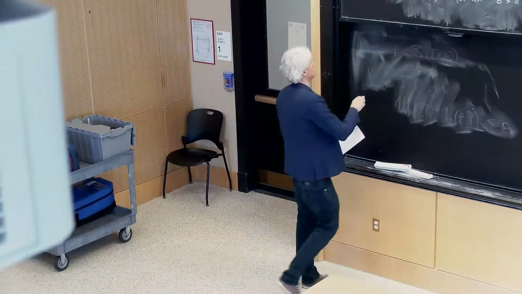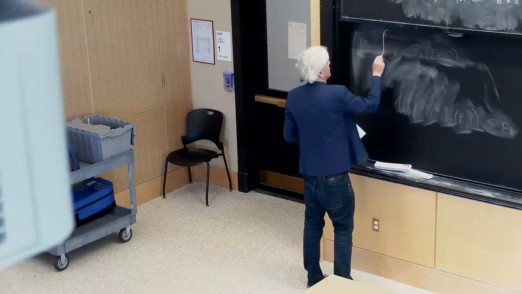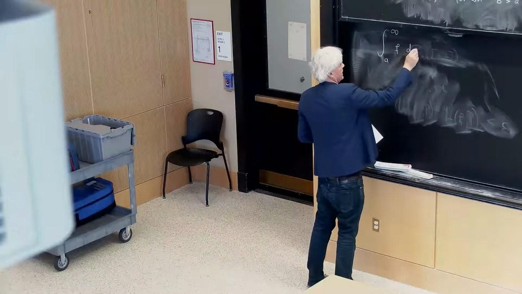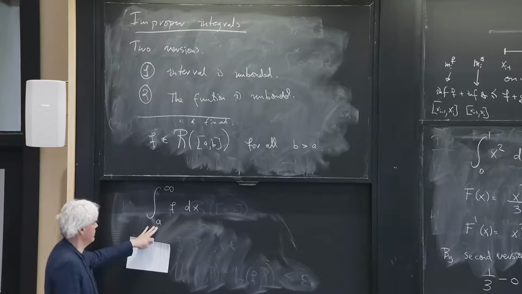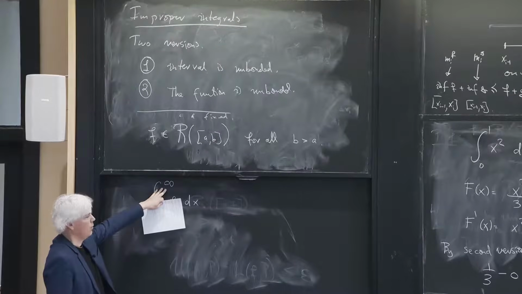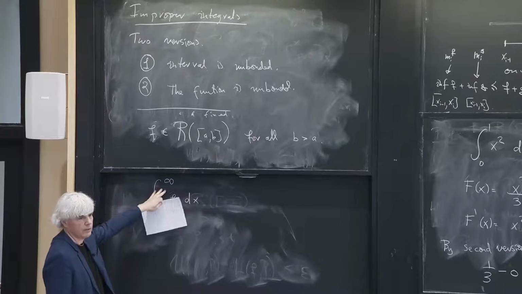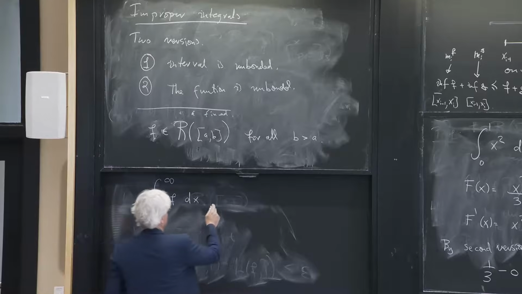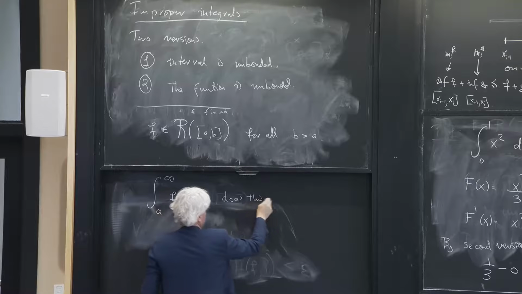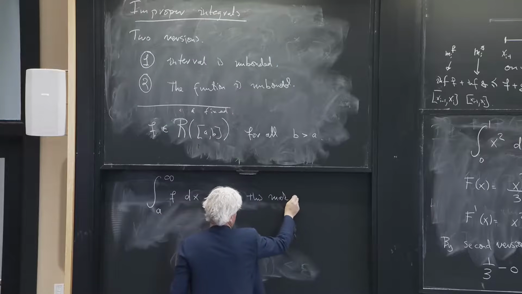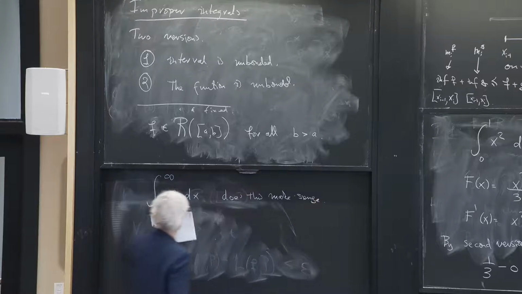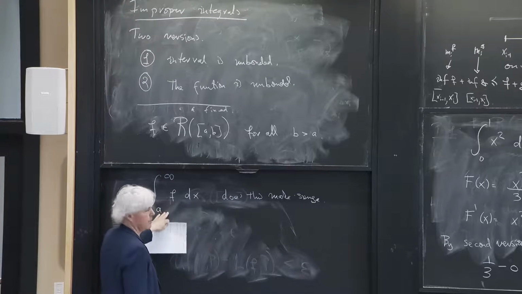So what we're interested in is making sense of the weighted area below the graph, where we go all the way out to infinity. Does this make sense? This is in this case the improper integral. It's improper because it's not a bounded interval.